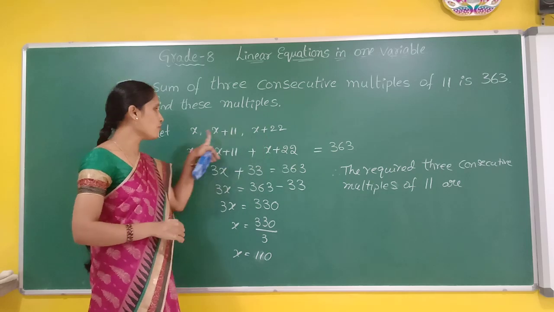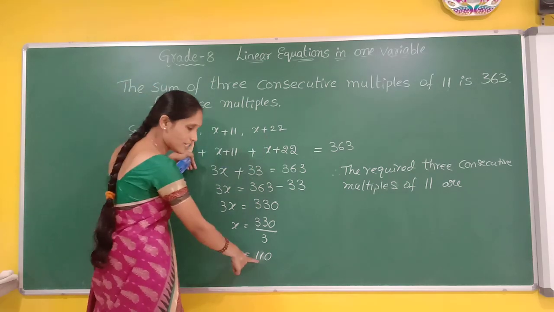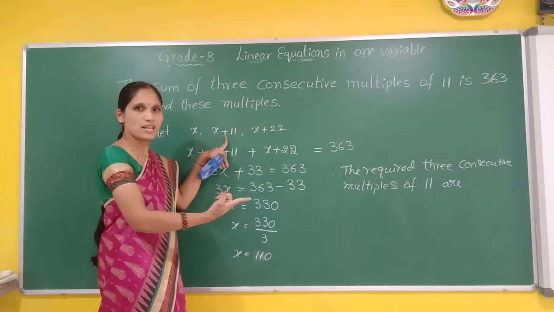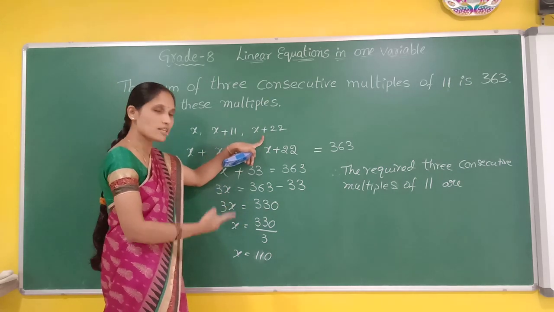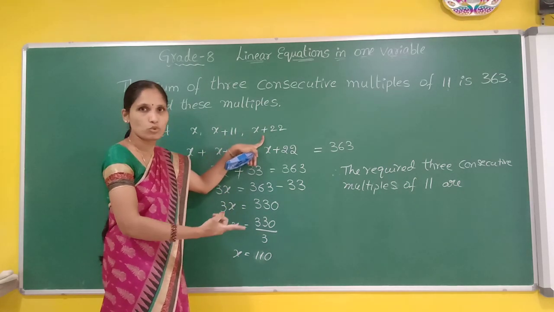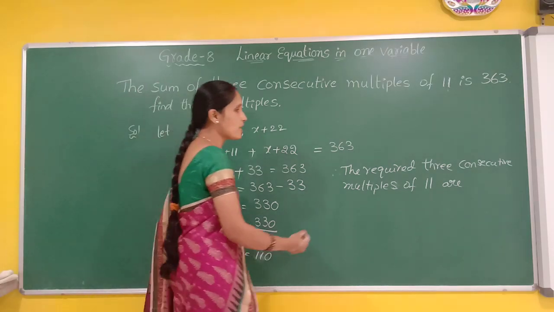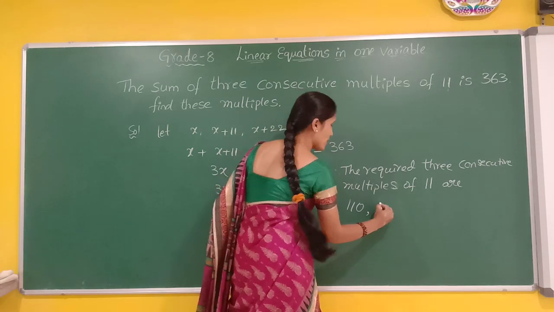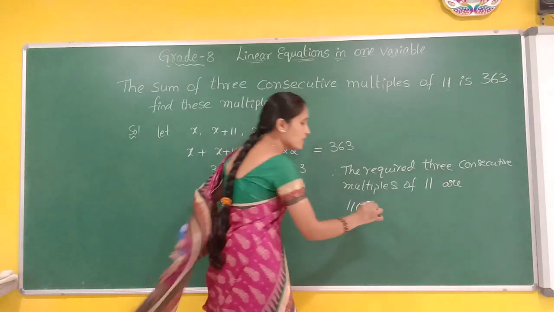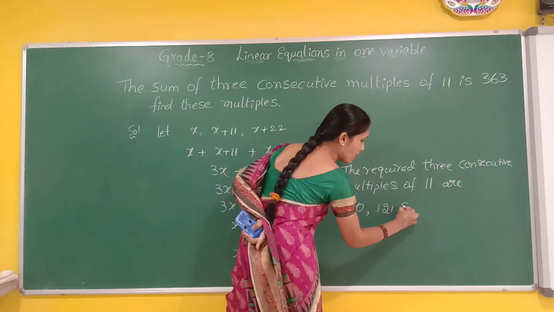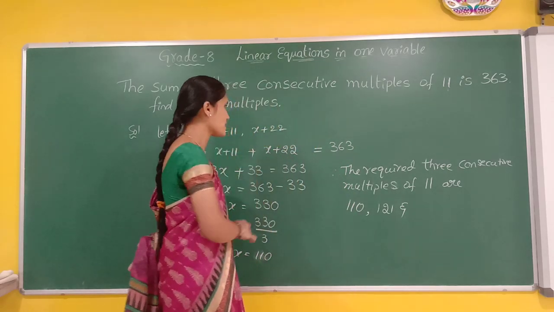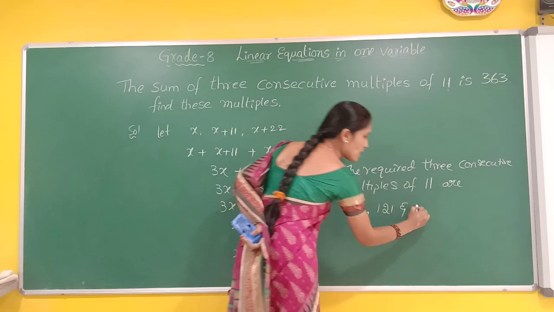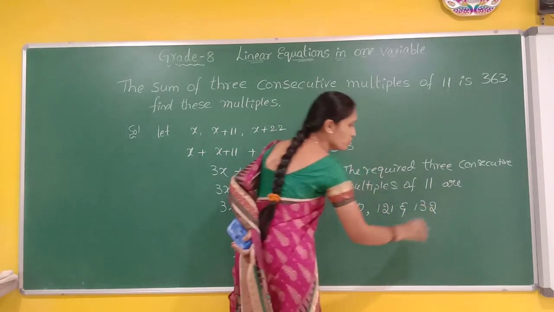Now we know the value of x is 110. So the second number is 110 plus 11, that is 121. And the third number is 110 plus 22, that is 132.